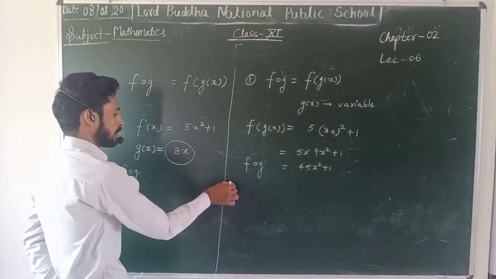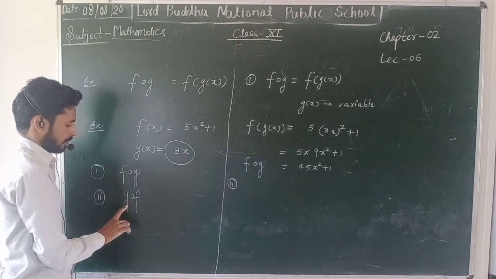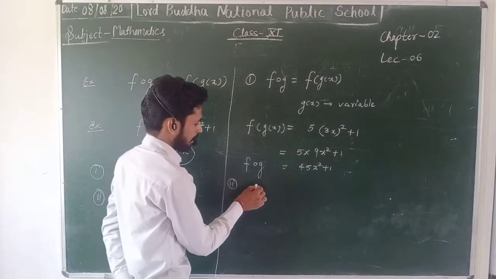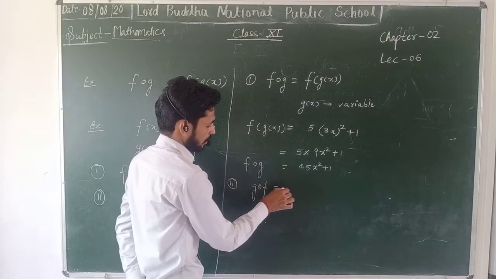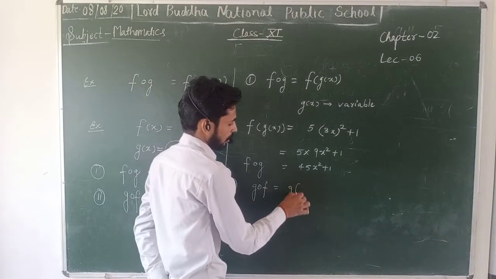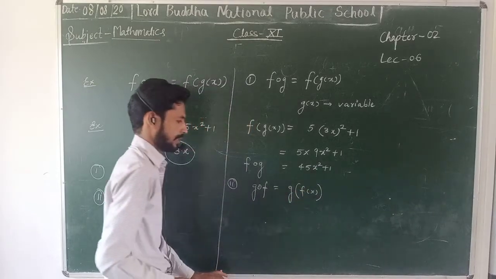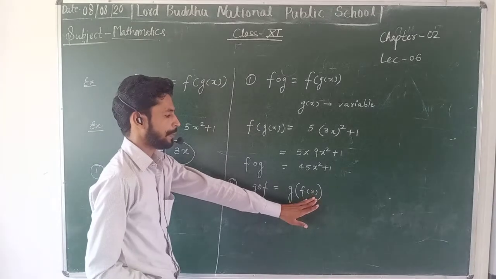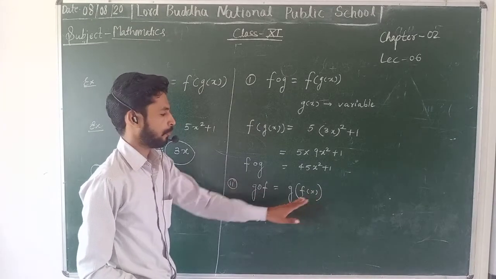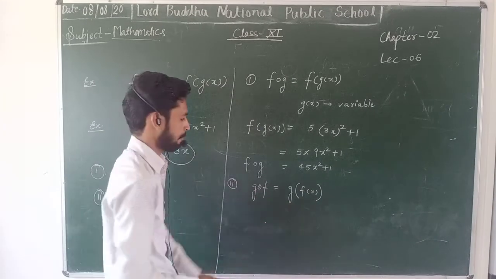Okay. So the second question is g of f, that means g of f of x. In this case, the function f of x is the input variable for the function g of x.